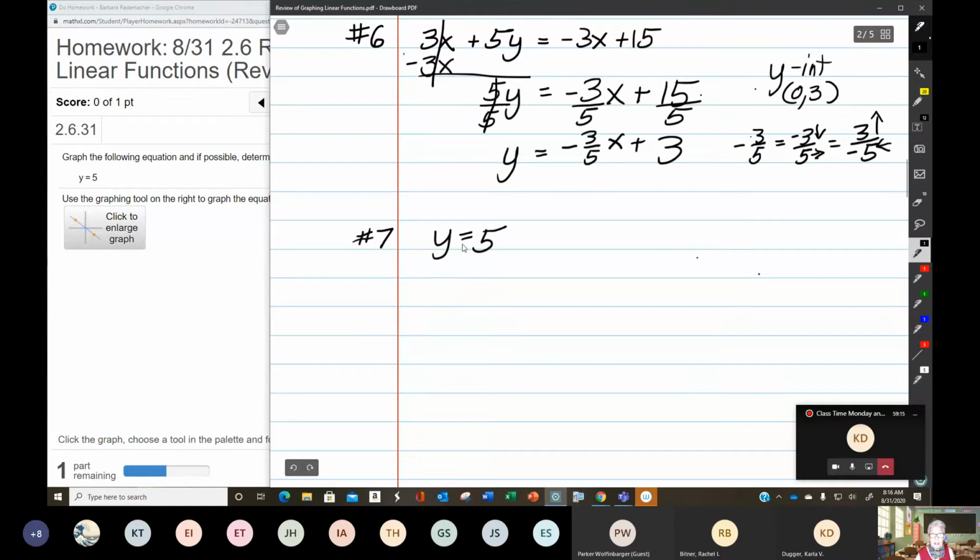Actually, what this really is, this line is really y equals 0 times x plus 5. And so what does that tell us? That tells us that the slope is 0. Can happen.